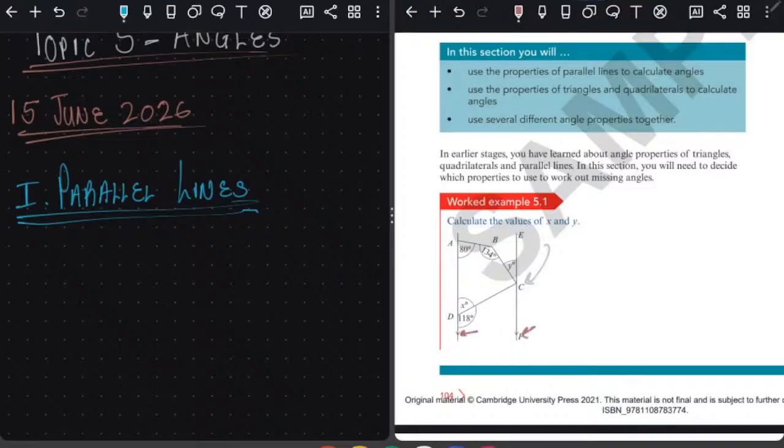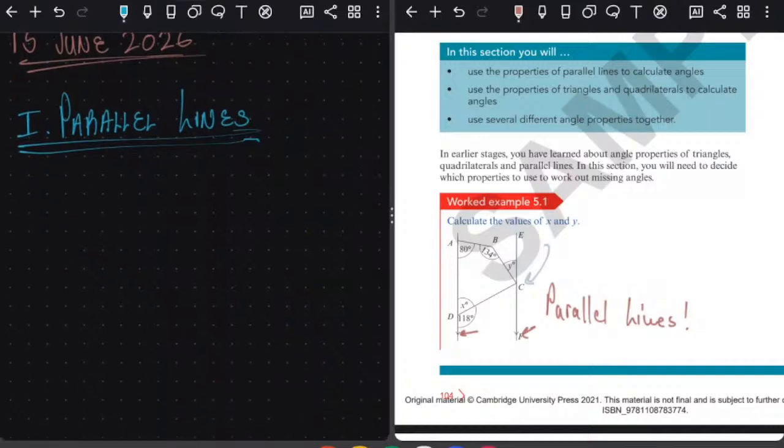Can you see this? Lines with an arrow. It means they are parallel. If you see lines like this, it means they're what? They're parallel lines. And there are things that we must know. Only 3 things. Okay? Don't let me down. There are only 3 things that we must know about parallel lines.